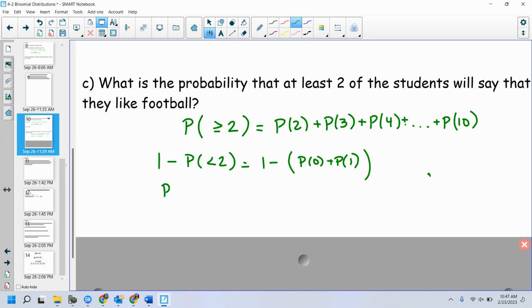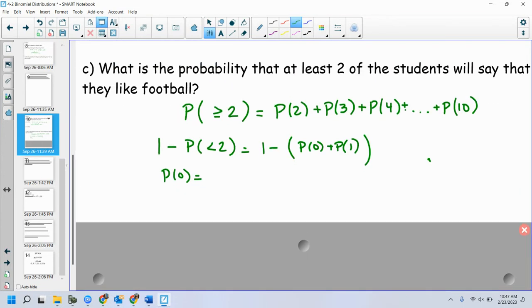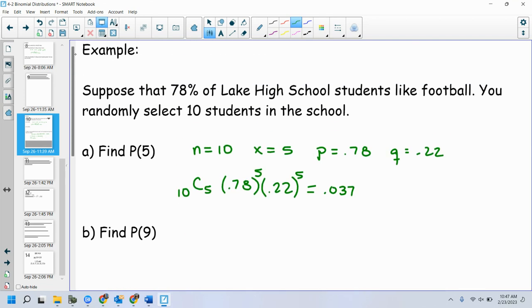So in this case, the probability of 0 would be equal to, okay, I have 10 choosing 0. 10C0. And the probability of liking football is, what did I say, 0.78?